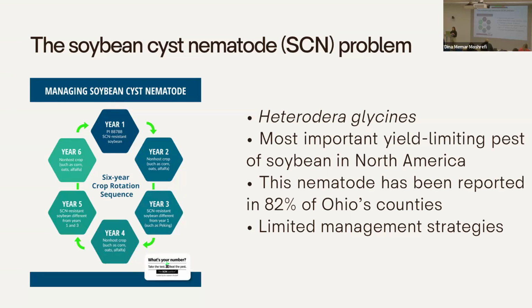So we regulate those very tightly. The growers only have two options: choose varieties resistant to the nematode, and establish a very strict rotation, which usually lasts 6 years, where you rotate between resistant soybean varieties and non-hosts like corn.